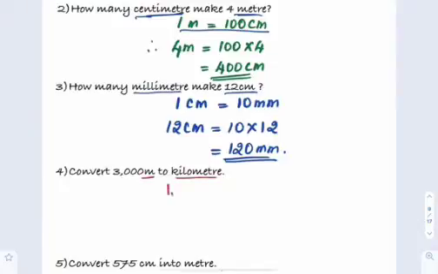First, 1000 meters is equal to 1 kilometer. These things you need to remember, children. All these standards have to be remembered.